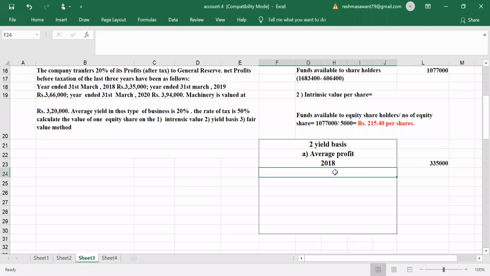Profit for 2019 is rupees 3,66,000. And for 2020, the profit is rupees 3,94,000.